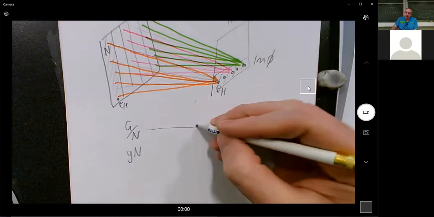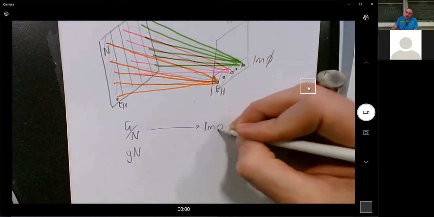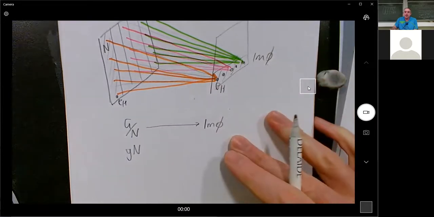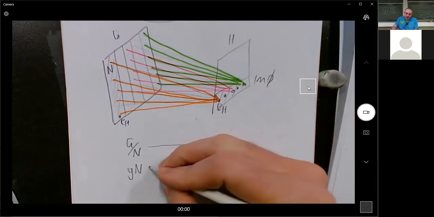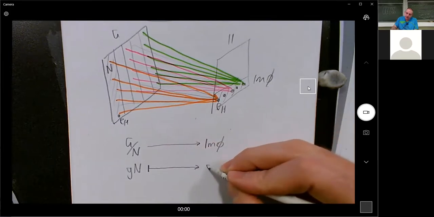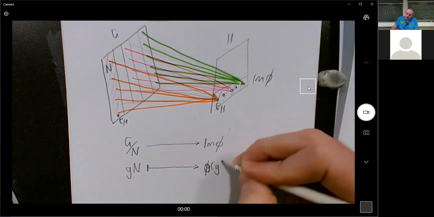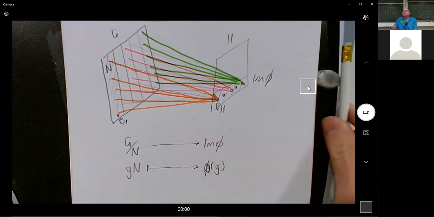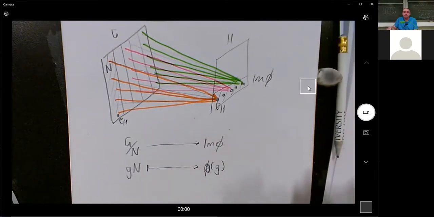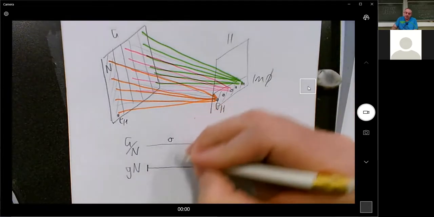So G over N is going to the image of phi. And the way it's doing it is that the element gN will become the element phi of g. And this thing is called sigma.